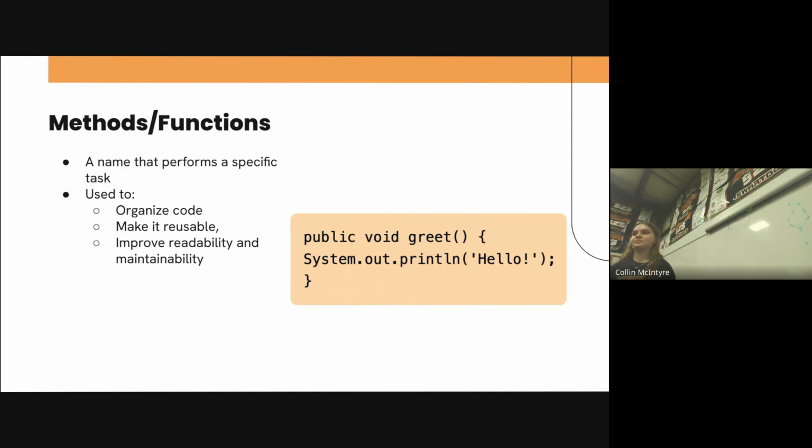We'll talk about classes later, but generally methods will belong to certain classes, and they're basically certain actions they can call upon certain classes. That's about it. Like you can see, greet is an example of a method. If you call greet, it'll basically just print out hello. Yes, and we'll go over syntax and how to actually do this stuff later on. These are just kind of concepts. We went over a bit of syntax in the last slide, but we'll go over all that stuff later on. It's just mostly for concepts.